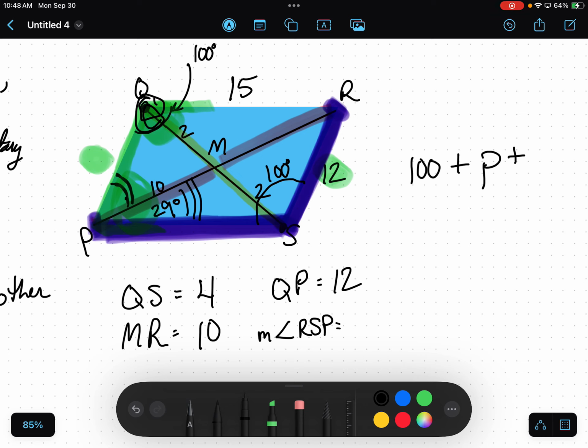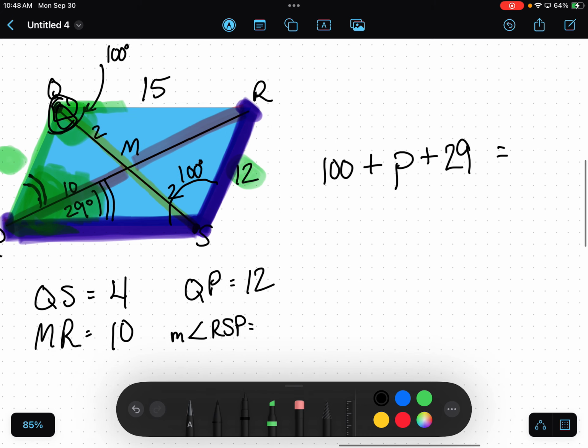What other part do they give us? That would be in green. You had 100 from the top. You have a chunk that I don't know. And what is the other piece that they give you in degrees? 29. Thank you. And remember, those consecutive ones should add up to be 180.